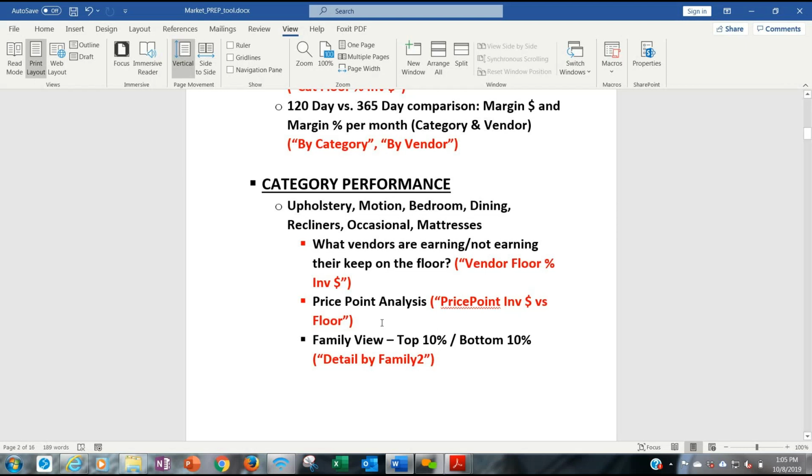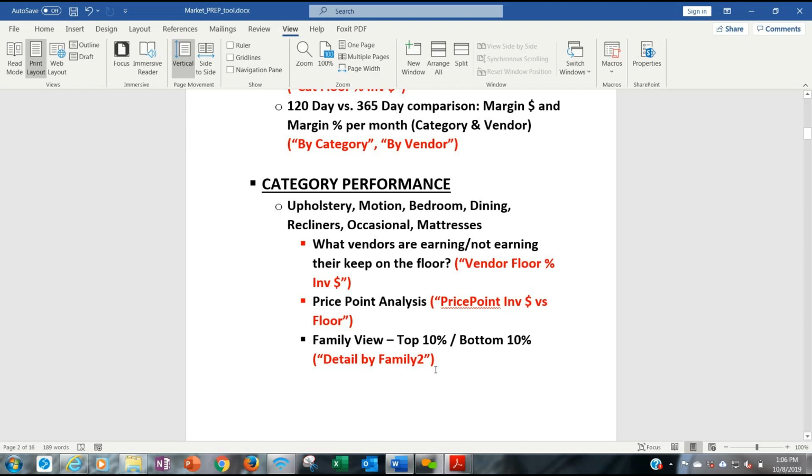The second item is the price point analysis, really trying to understand which price points are working and which ones are not at the category level. If you want, you can obviously do that at the vendor level as well. Below that, I look at the families.